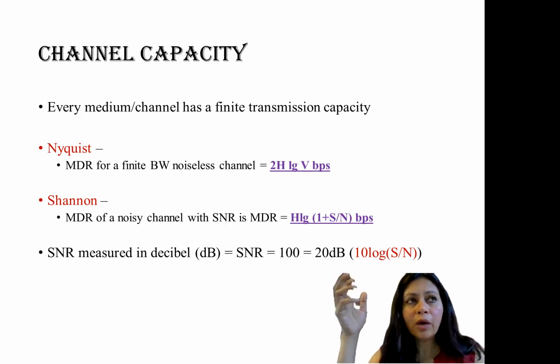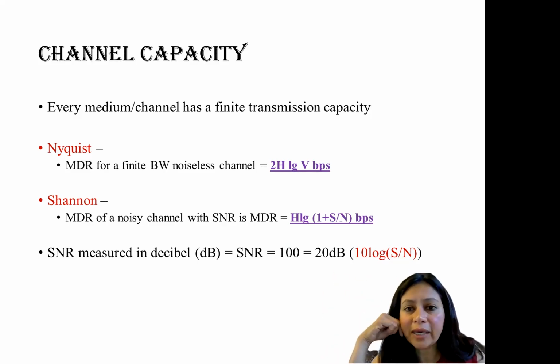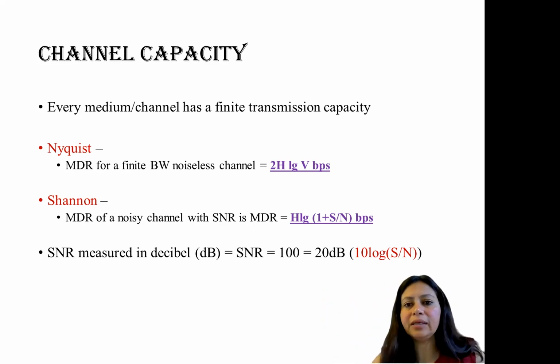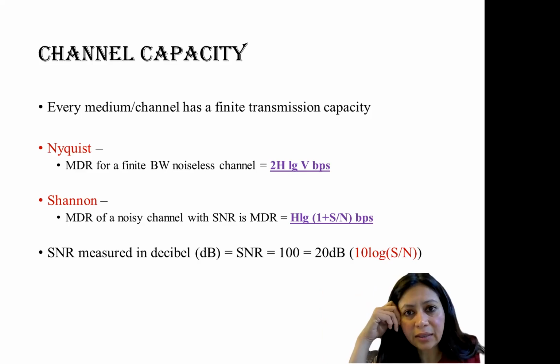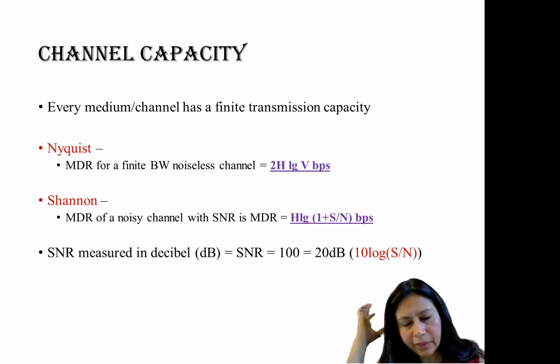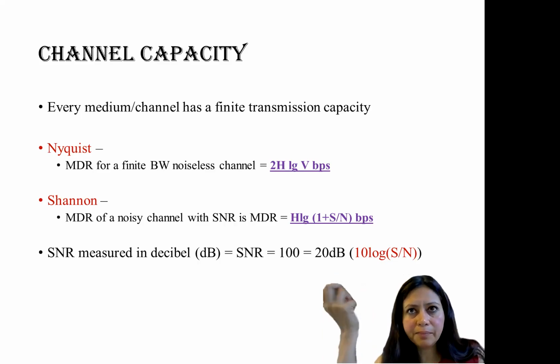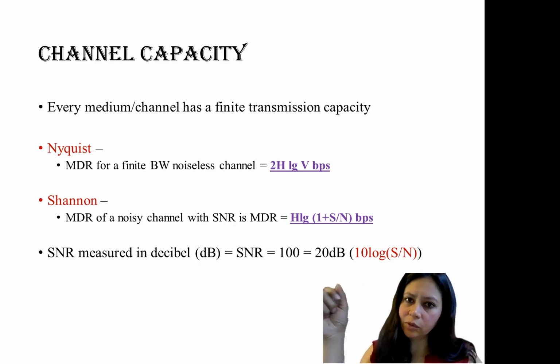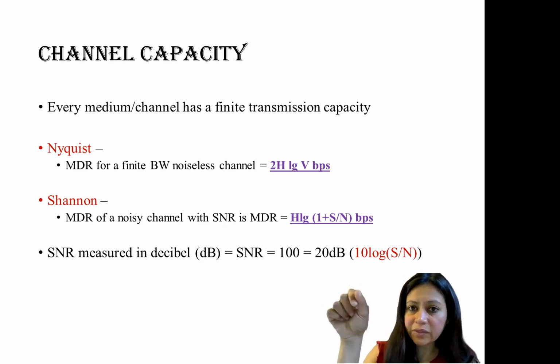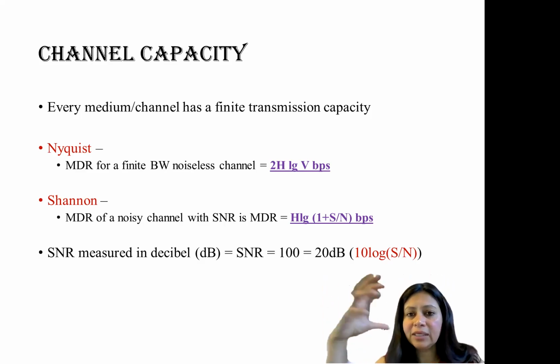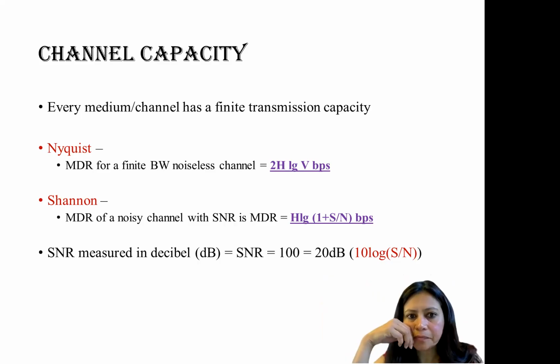When your ISP promises you that you'll get data at 50 megabits per second, how are they promising that? A lot of things go into play in determining the throughput that a user will experience. One of them definitely is the transmission medium size.